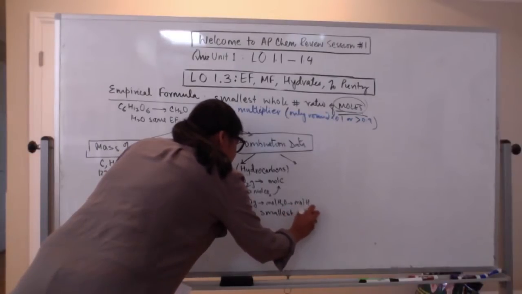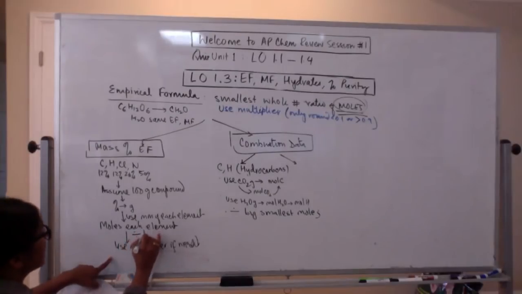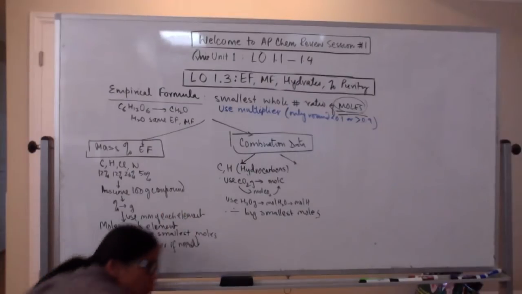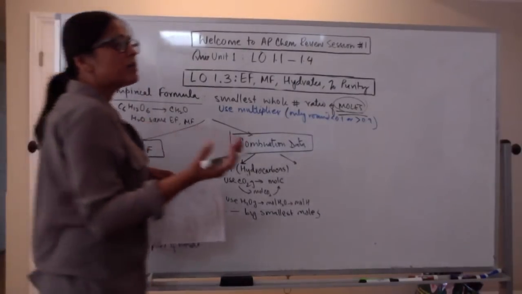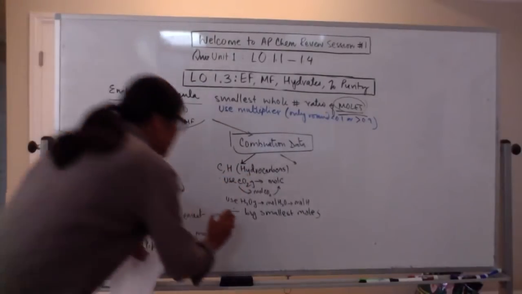And I think I skipped that here. I kind of took it in the multiplier, but you must divide by smallest moles. So the methodology is the same for both. You divide by smallest moles and hope for a whole number. If you don't get a whole number, then you use a multiplier.